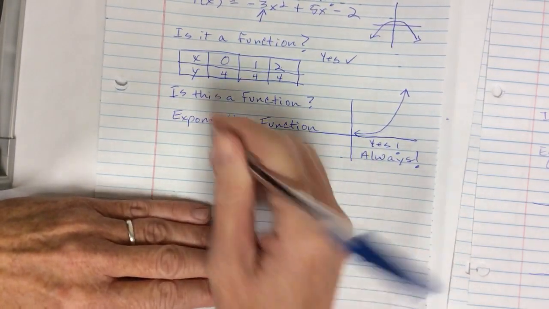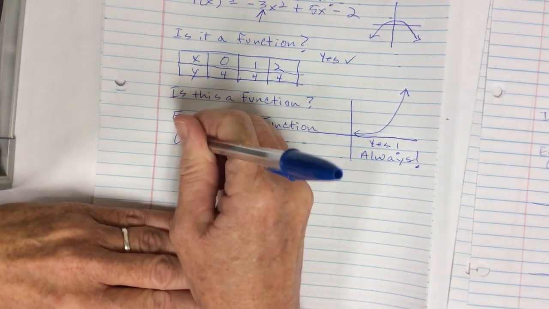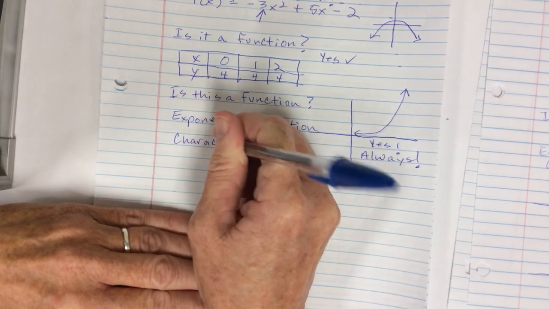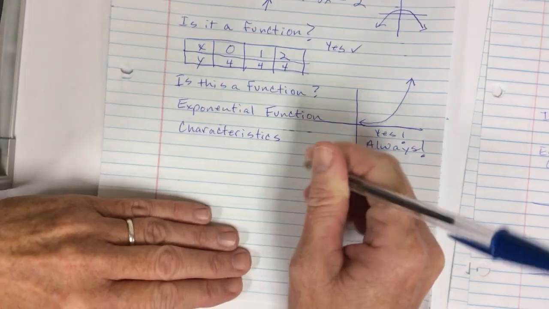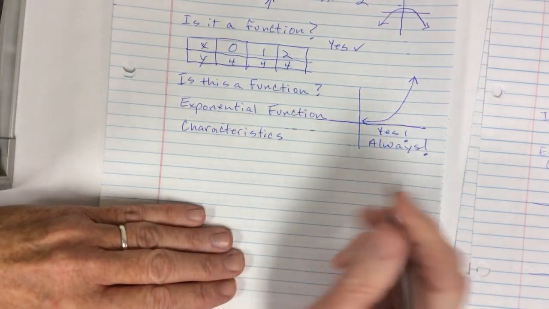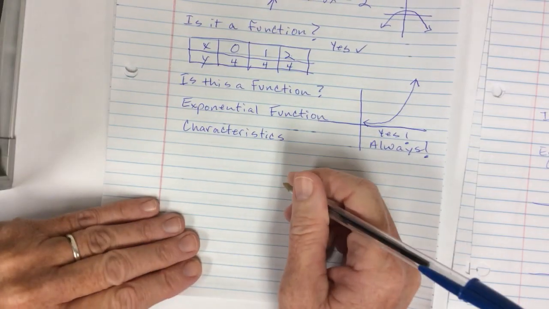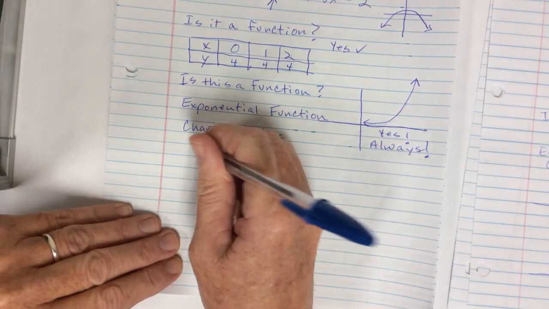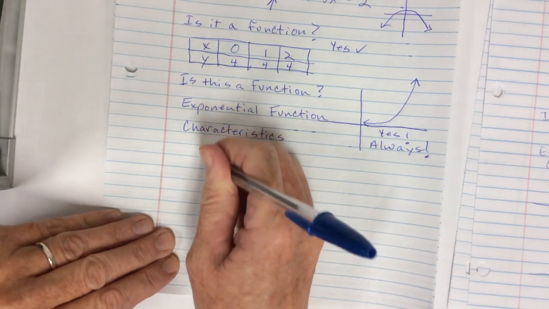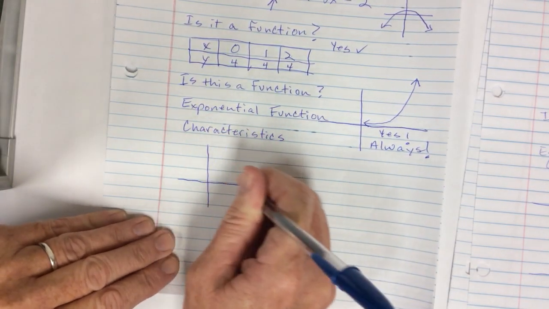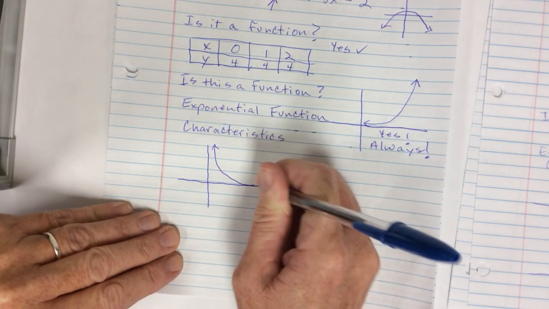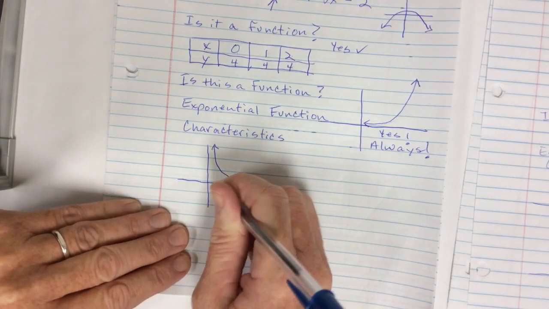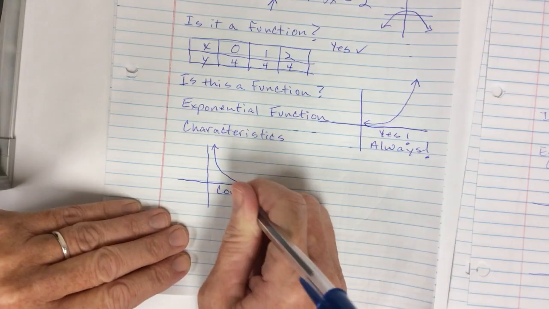And the characteristics are, they could be, like we learned on the previous page, they could look like they are continuous.